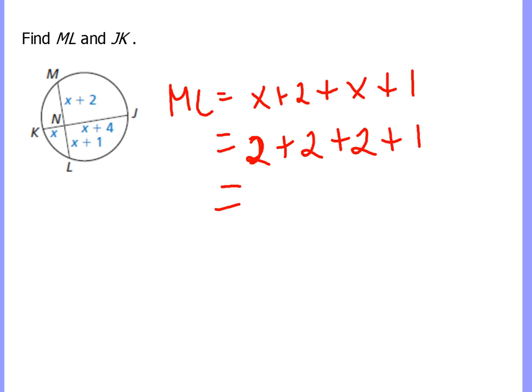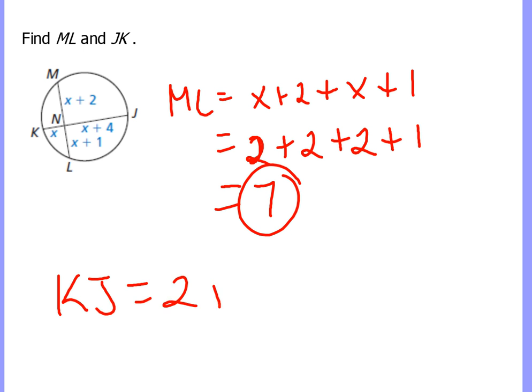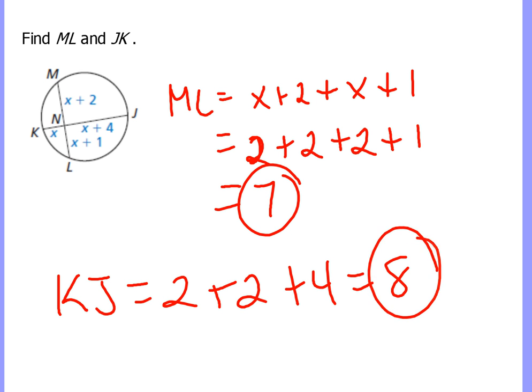Of course, we end up getting 7 for the value of ML. And for KJ, we end up getting 2 plus 2 plus 4 for a value of 8. And that is the summation of our segments of chords theorem. It doesn't matter what the scenario is, it's still piece times piece equals piece times piece.